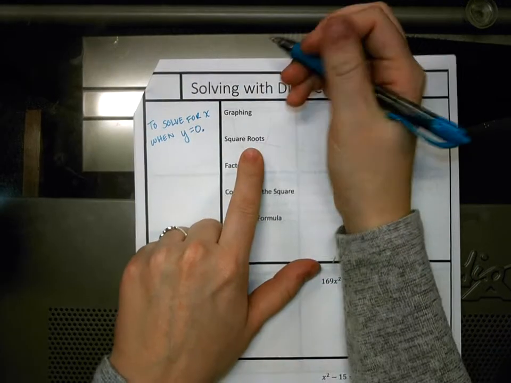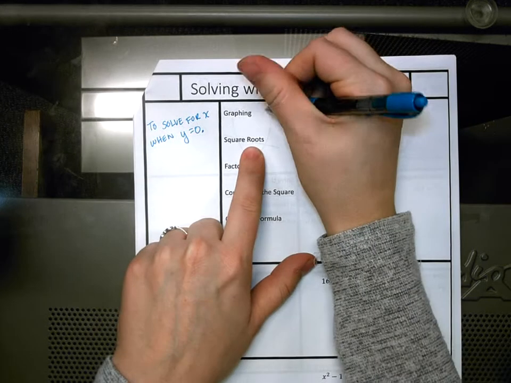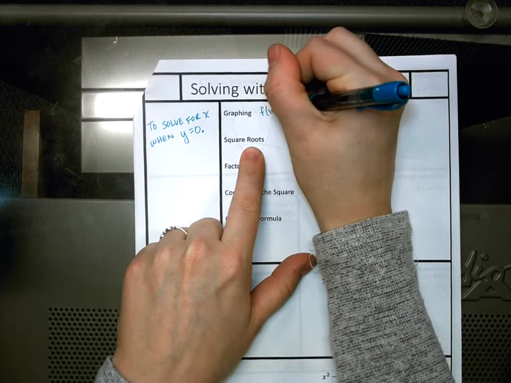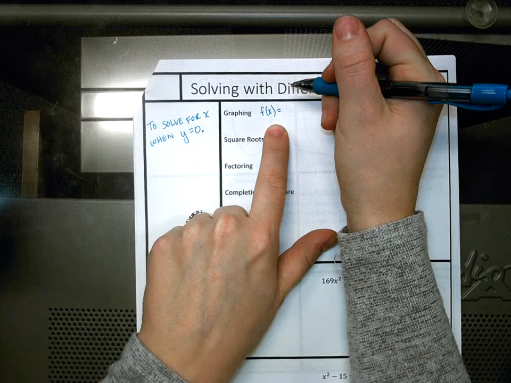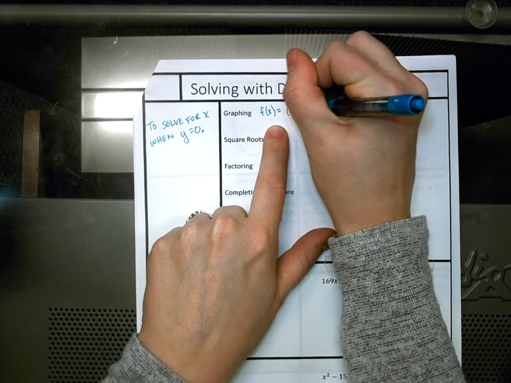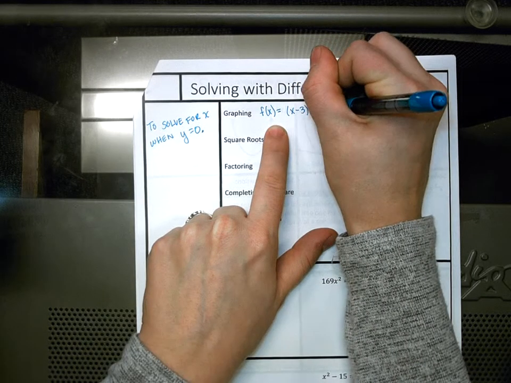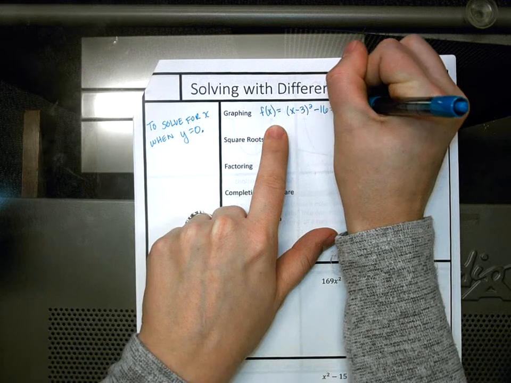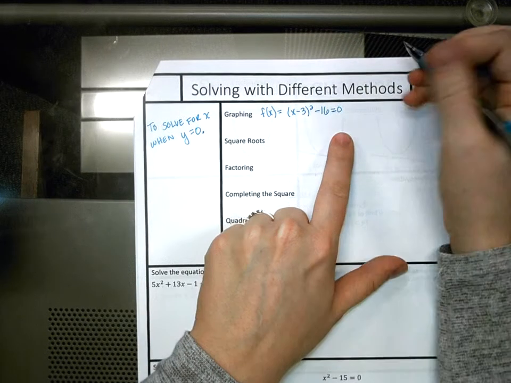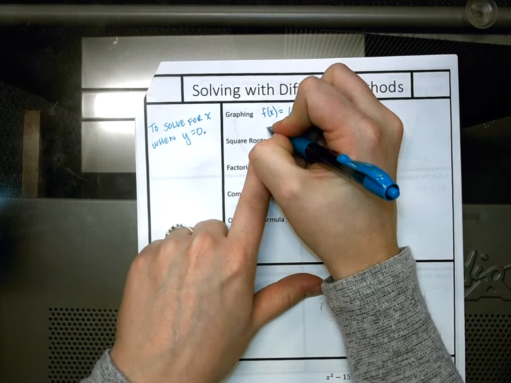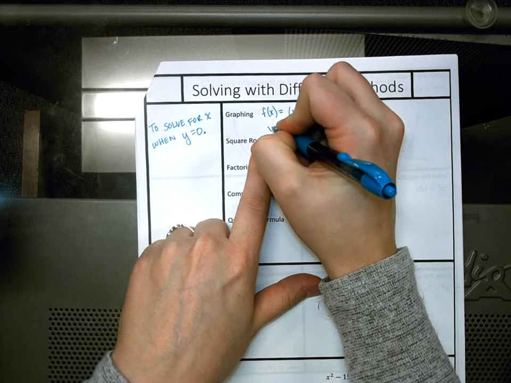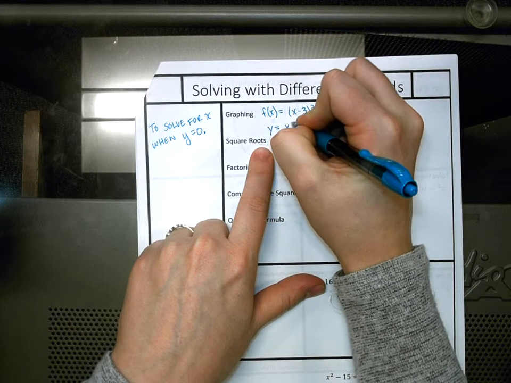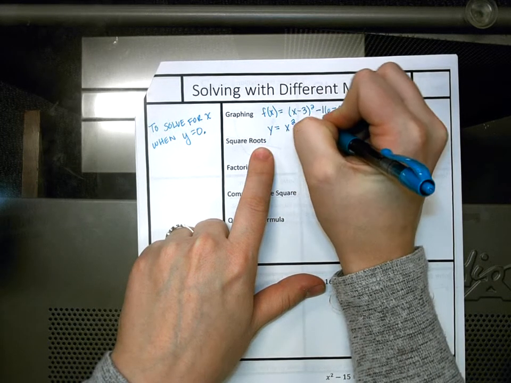So if I'm talking about graphing, I can be given the function f of x equals (x minus 3) squared minus 16 equals 0. Or I can be given a function like y equals x squared minus 6x minus 7.